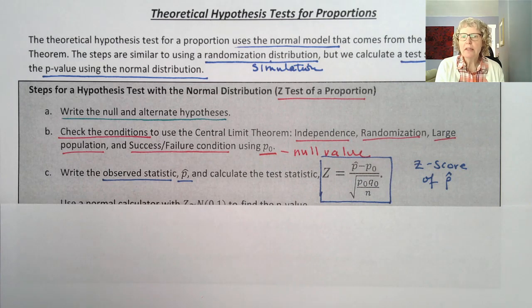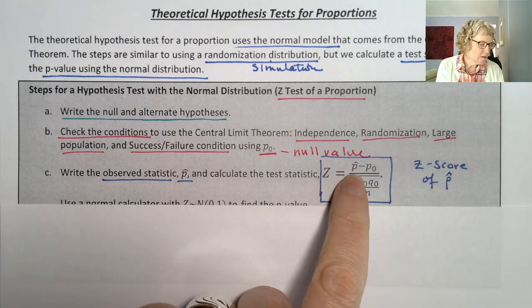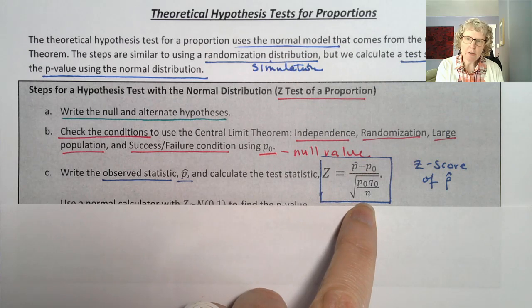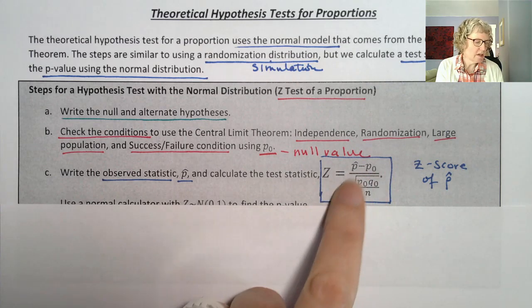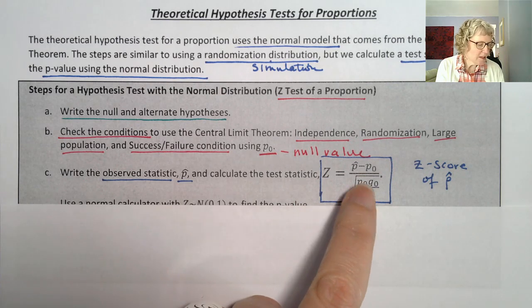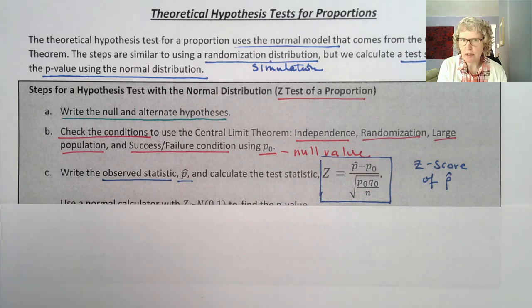So just knowing this test statistic is at 1.2 or 3.5 gives you a sense already of how usual or unusual our sample or observed statistic is. Okay, so this is a z-score. It's the value minus the mean divided by the standard error. So that square root is the standard error. You might recognize that from our last video, but it does have the zeros on it to use the null value.